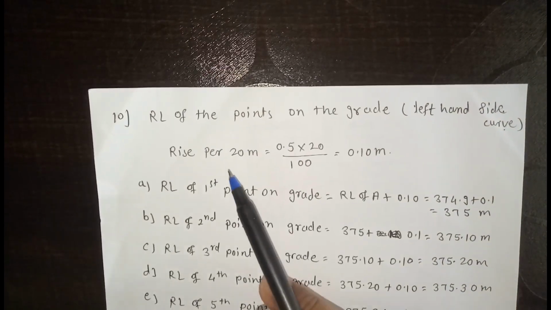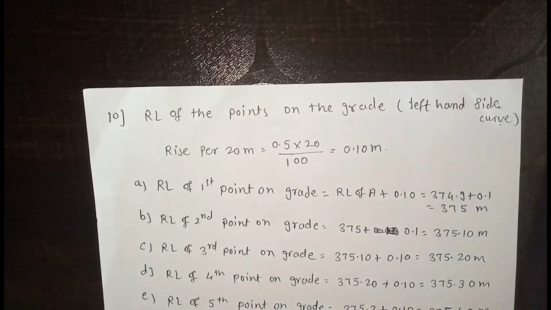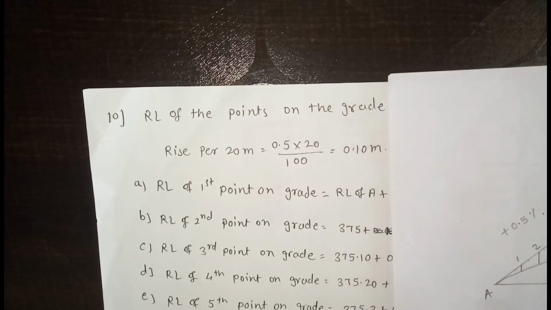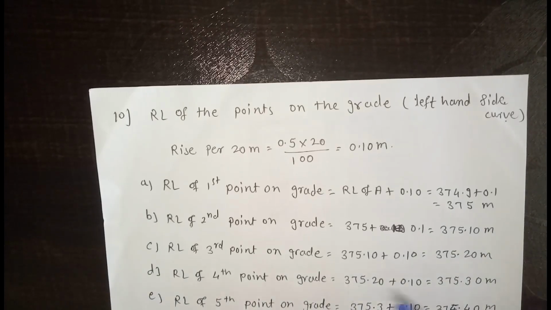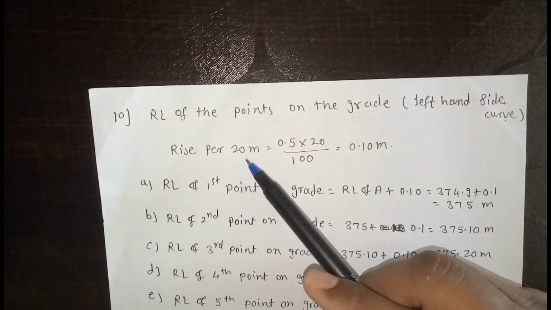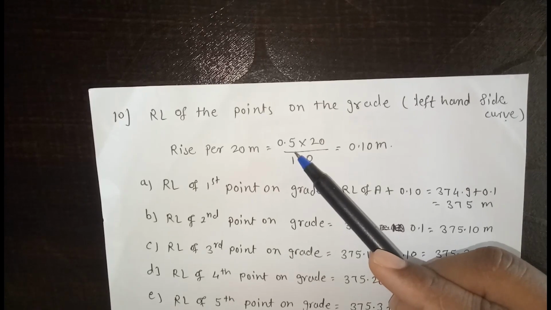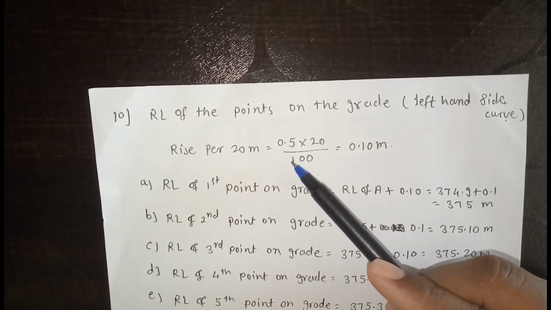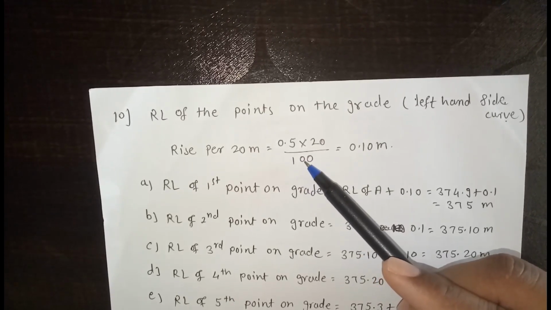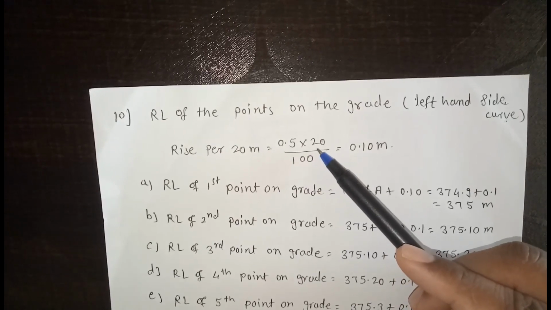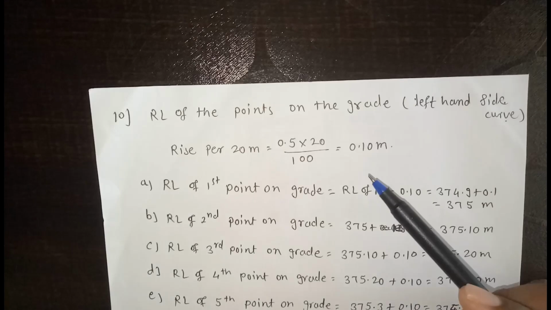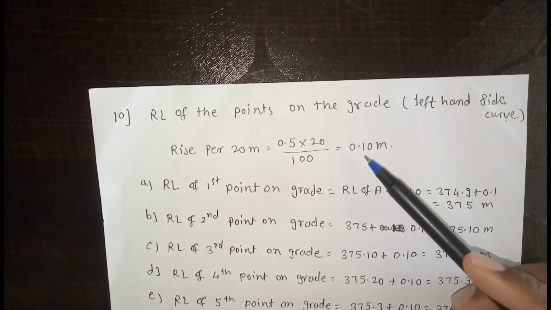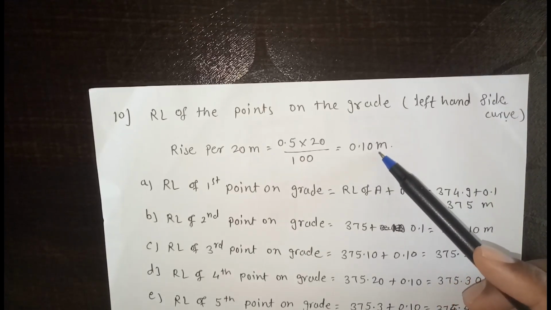Again the formula: on the left side the grade is 0.5%, and this grade is rising. So the rise per 20 meter, for 0.5%, is 0.5 by 100 into 20, that is 0.10 meter.